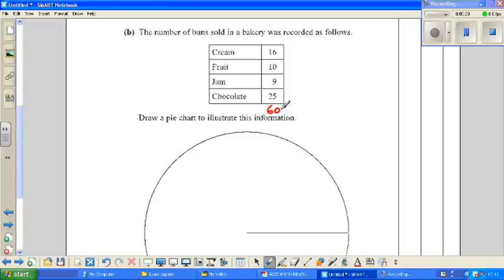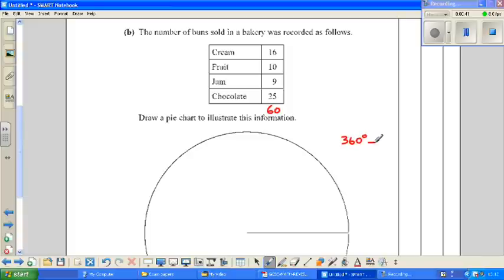So now you need to remember that we're going to show this information about these 60 buns in the pie chart. So we're going to have to share the whole circle of the pie chart between these 60 items. So you need to think that you've got 360 degrees in the whole pie chart, the circle.